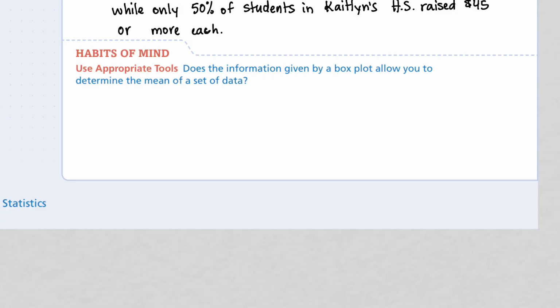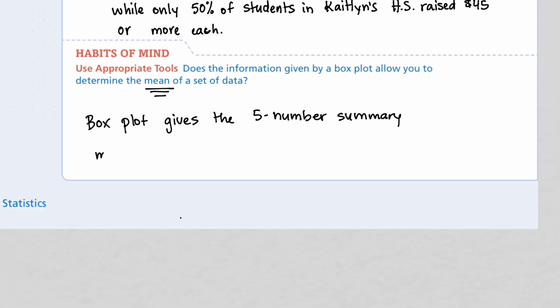Habits of mind. Use the appropriate tools. Does the information given by a box plot allow you to determine the mean of the data set? Remember that the box plot only gives me the 5-number summary. So that's your minimum, Q1, the median, Q3, and the maximum.